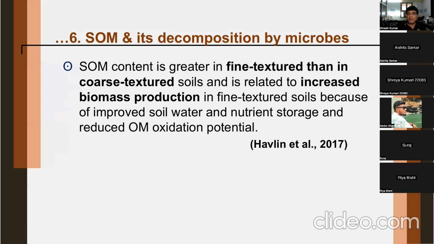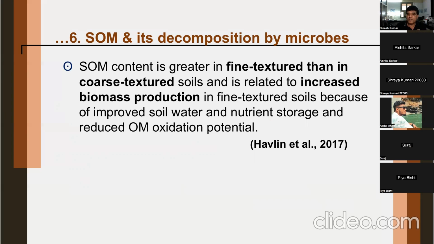Soil organic matter content is greater in fine texture soils. Many times, on an average, under identical conditions, you will find that fine texture soils have more soil organic matter than coarse texture soils. And why is it so? It is related to increased biomass production in fine texture soils.